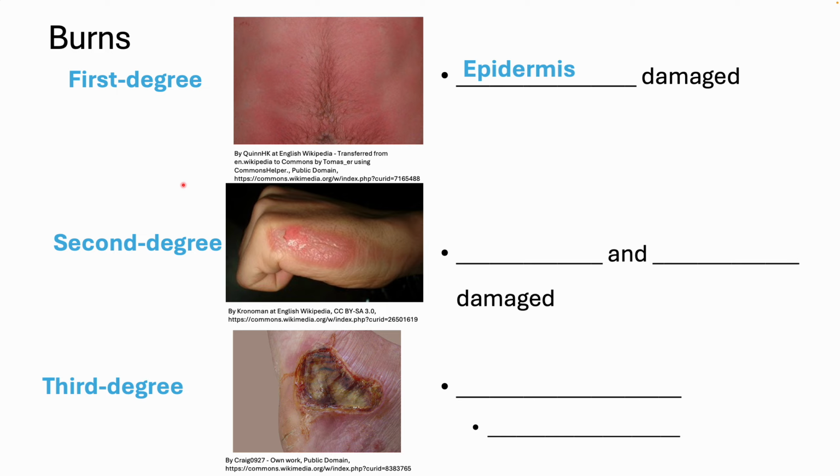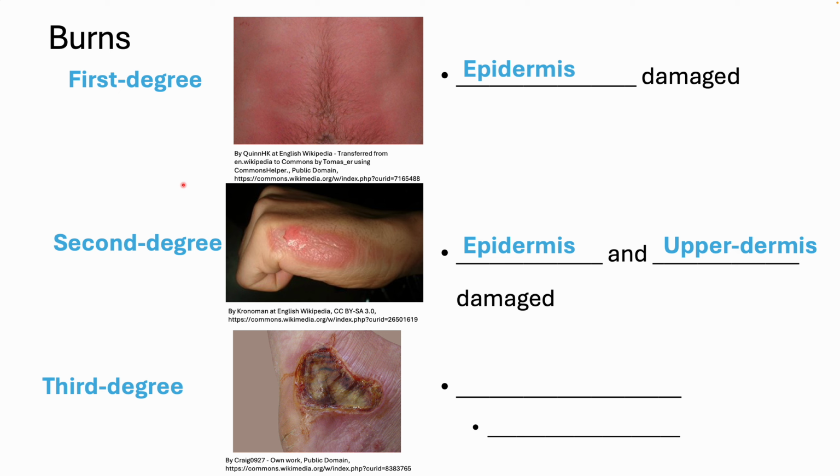The healing does tend to happen fairly rapidly with first degree burns. Second degree burns are going to include both the epidermis as well as upper dermis regions. These are going to also appear as red and be painful.